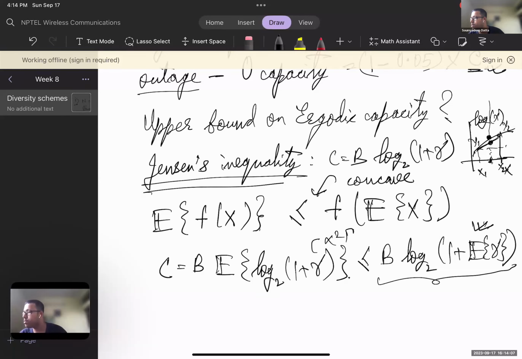You can just put in this value of the expectation. This is actually wrong, you have to complete this. So the expected value of alpha squared times capital Gamma is the expected value of gamma you have computed, and if you put it over here, you will get your answer for the upper bound of capacity. Okay.